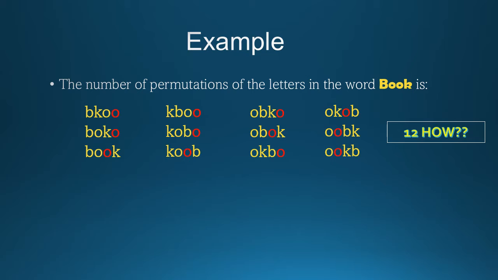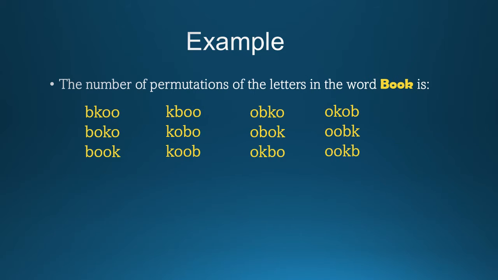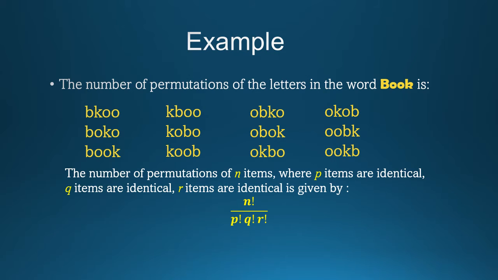Now we have a formula for permutations. The number of permutations of n items where p items are identical, q items are identical, r items are identical is given by the formula you see. Now n is the number of letters of the word book.